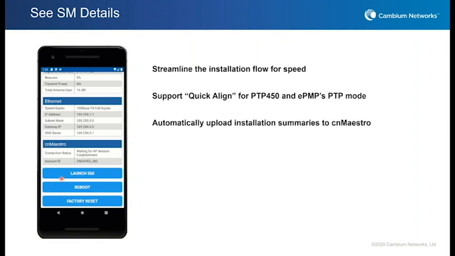So one thing that we are trying to do going forward is, rather than focus just on the new installer, we want to focus on all the installers and make this the default for new installers. So we will look at the places where we can optimize the cnArcher flow to make it easy for any installer.